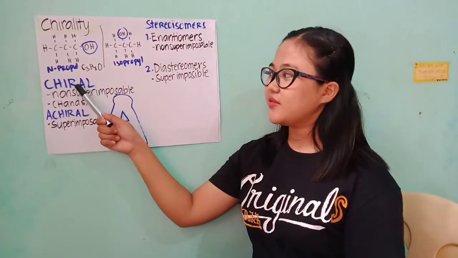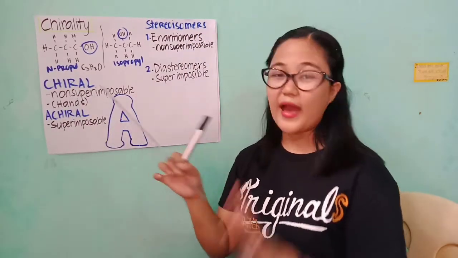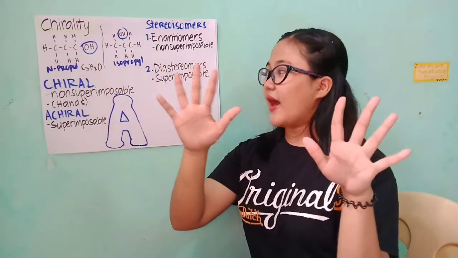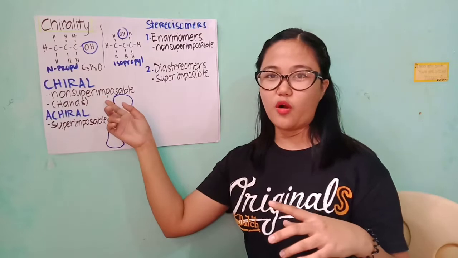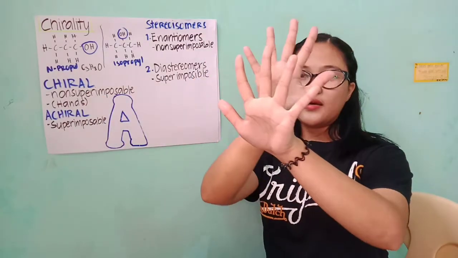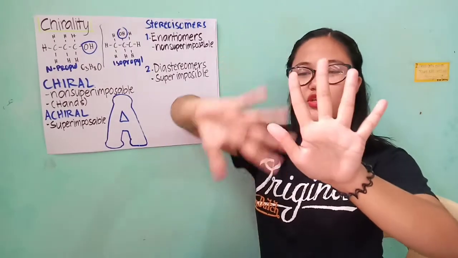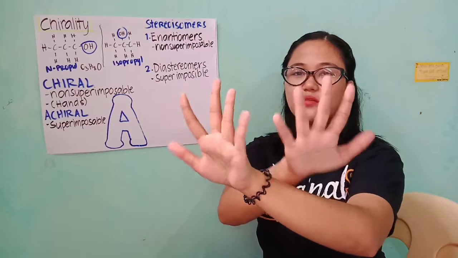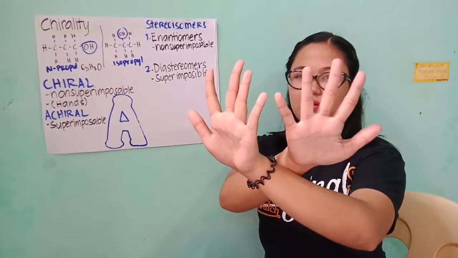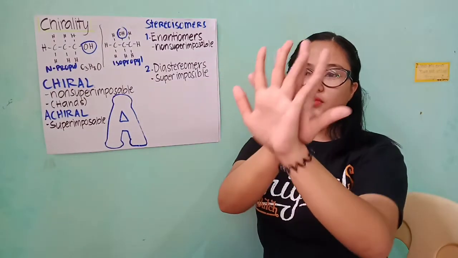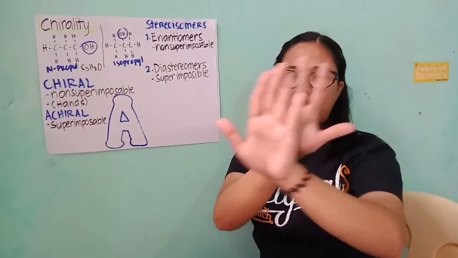Chiral is like our hands, and it is non-superimposable. Why? Because with our hands, whether you turn them upside down, they will not be superimposable. Even if I turn it upside down, it forms like this.